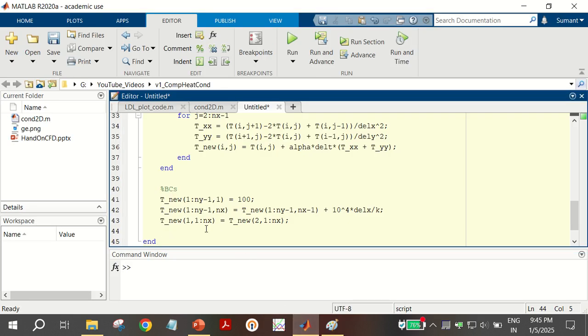So T new, with the x index 1 to nx and the y index ny, is equal to this multiplied by k by delta y plus h.